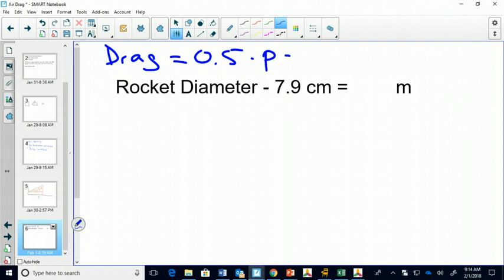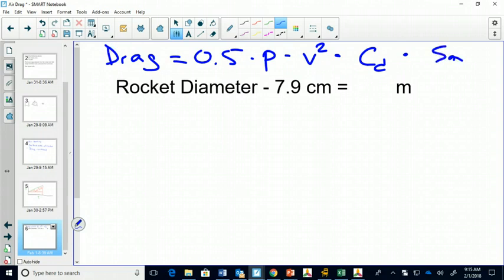Times velocity squared times the coefficient of drag, times the surface area. Well, I better not use A because that's acceleration.